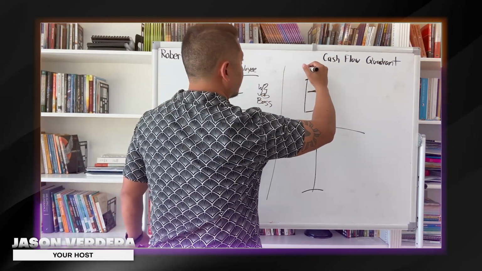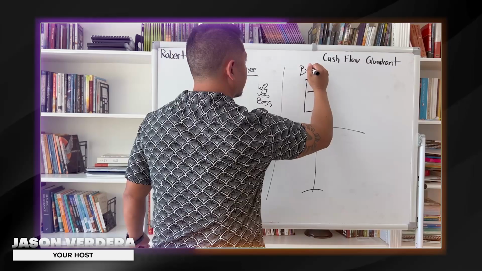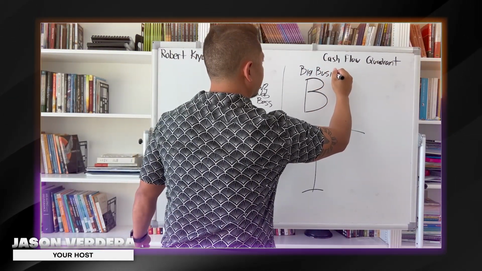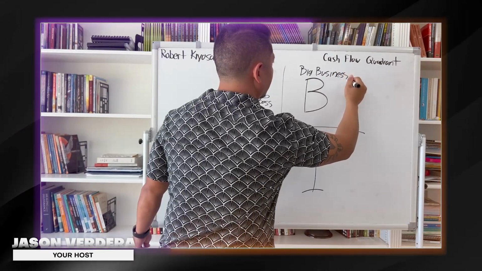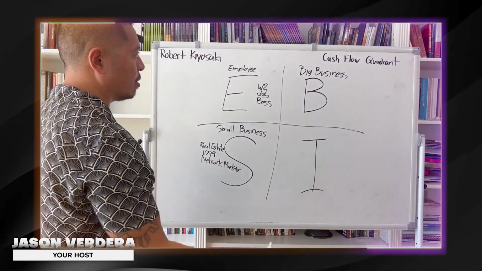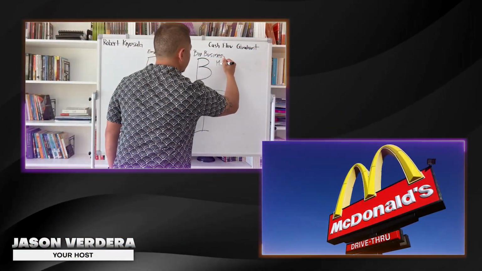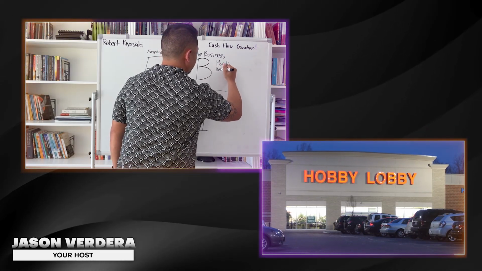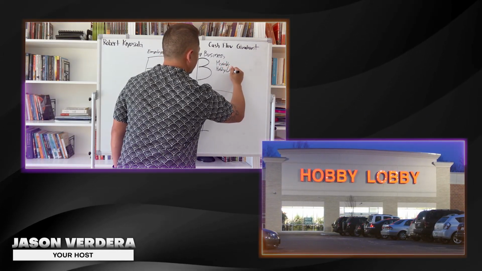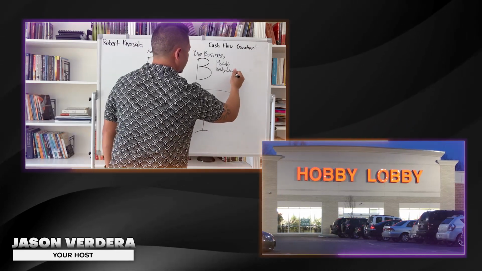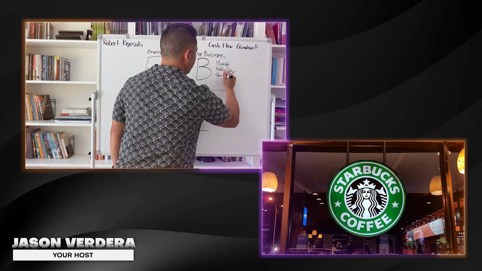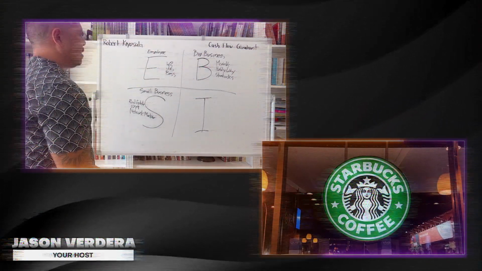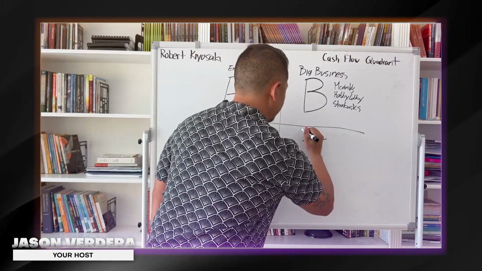Over here on the top right quadrant, we have the big business owners. These are like your McDonald's, Hobby Lobby, Starbucks. These are big, established businesses.